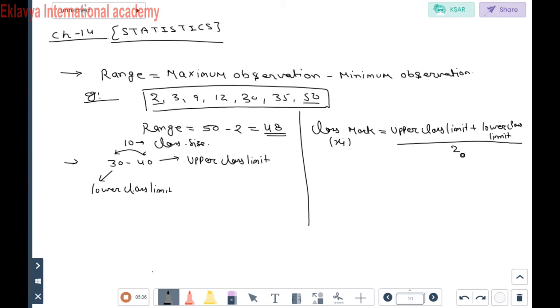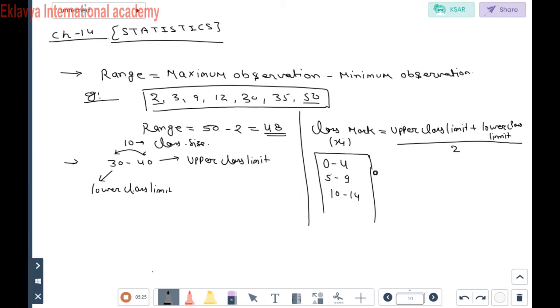After that, how will we identify the class, and what is the meaning of that? Suppose given to you 0 to 4, 5 to 9, 10 to 14. So that class interval is in discontinuous form, or inclusive form.